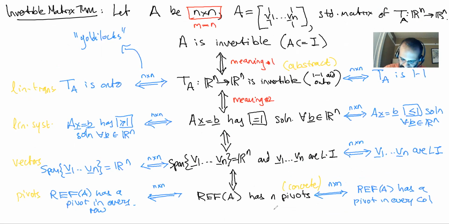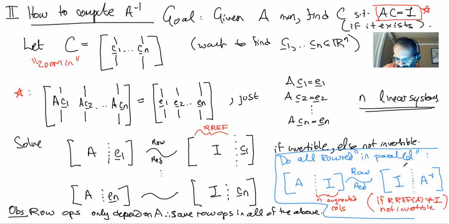Invertible means the row echelon form has n pivots, which is the same thing, let's add it here, as the reduced row echelon form of A being equal to the identity. So if this doesn't work out, then okay, you figured out that there's no inverse. And if it does equal identity, then you just solved all these linear systems and you computed the inverse.